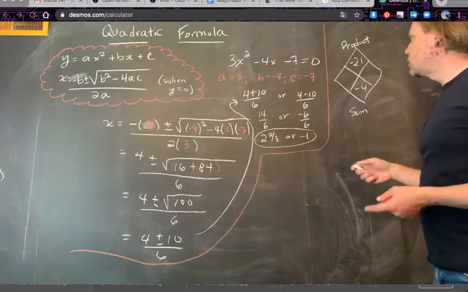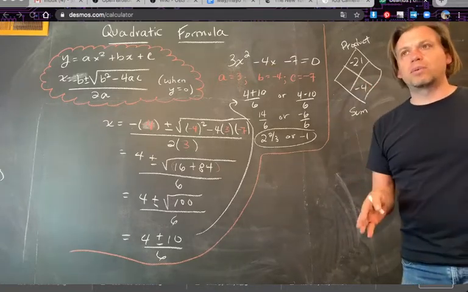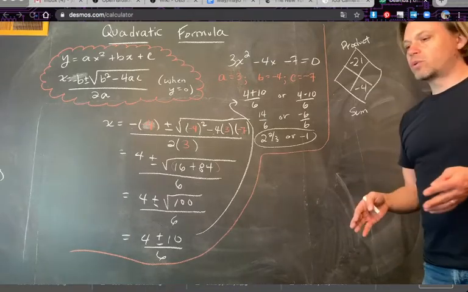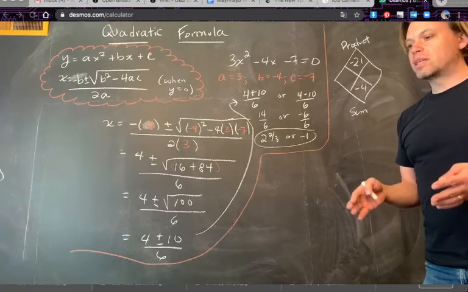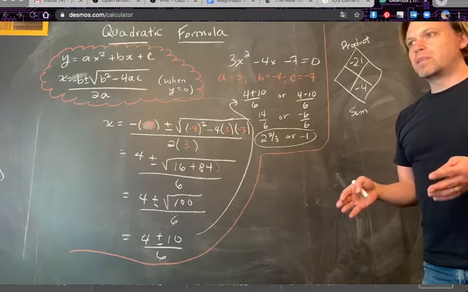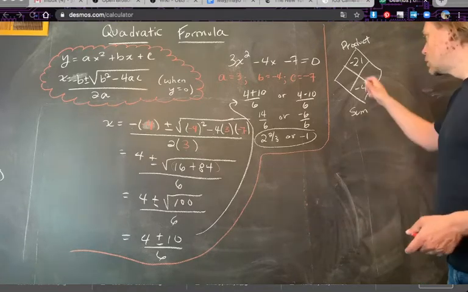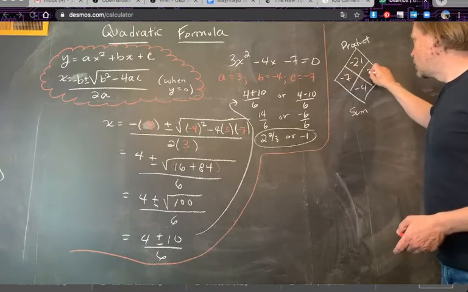So I want to look for 2 numbers that multiply to give me negative 21, but add to give me negative 4. Well, 3 times 7 is 21. Negative 7 times positive 3 will add to negative 4. But negative 7, positive 3.